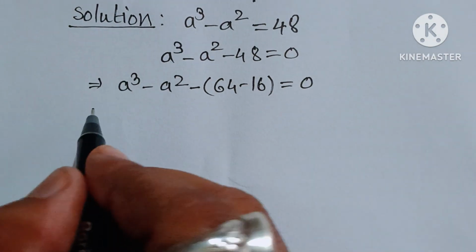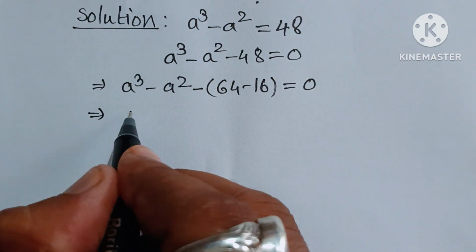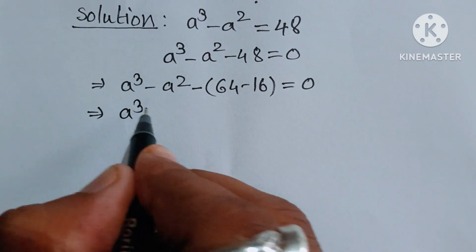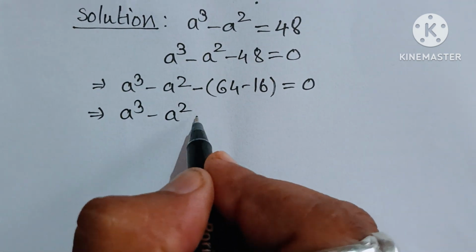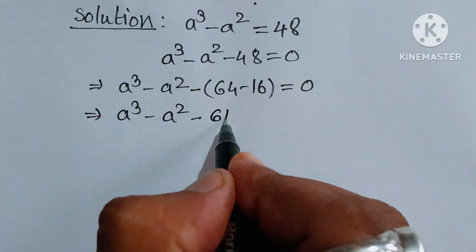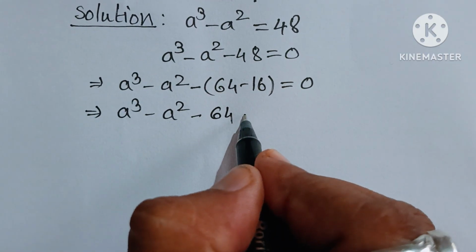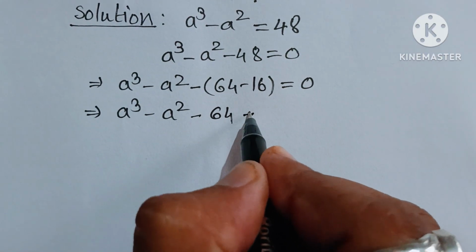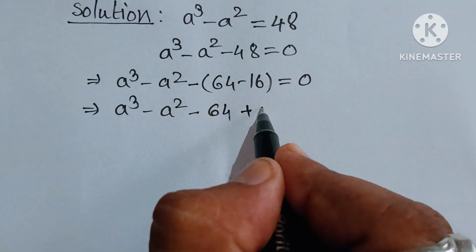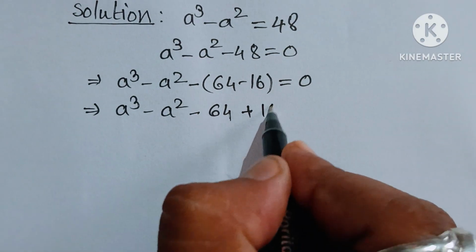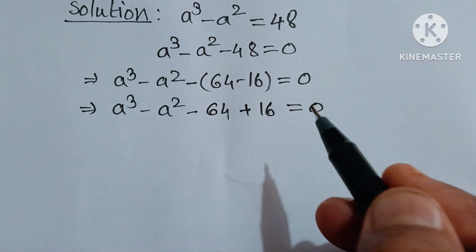Now here we can write a³ − a² − 64 + 16 = 0.